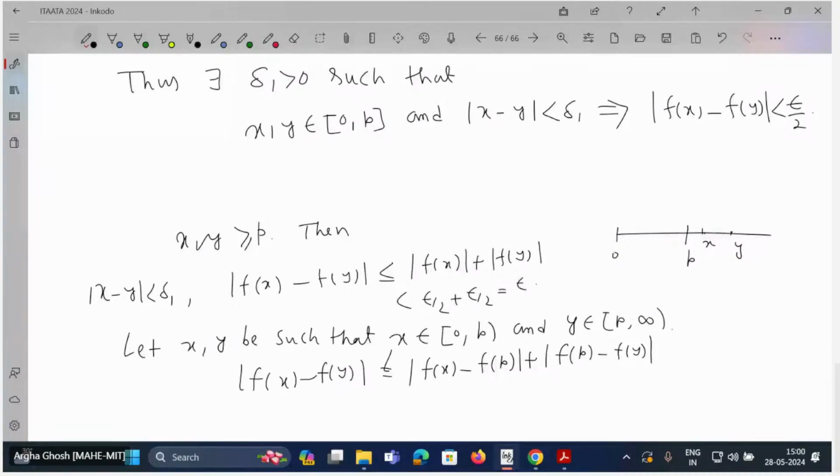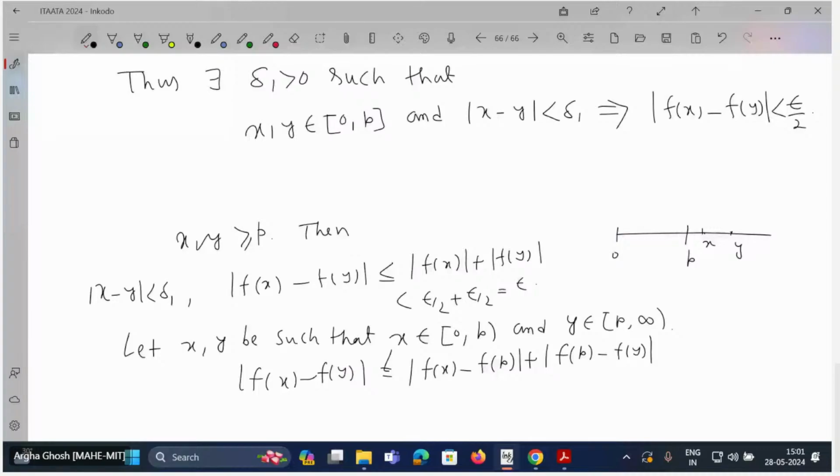So now whatever p you are considering, that's important. You are not sure whether |x - p| will be less than delta 2 or not. But actually, we are done basically.